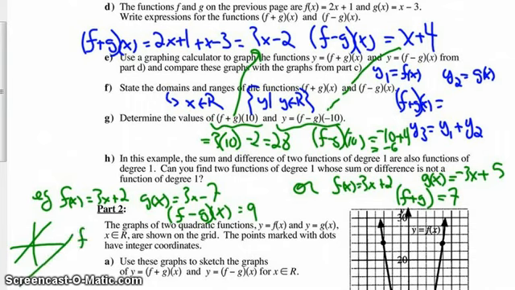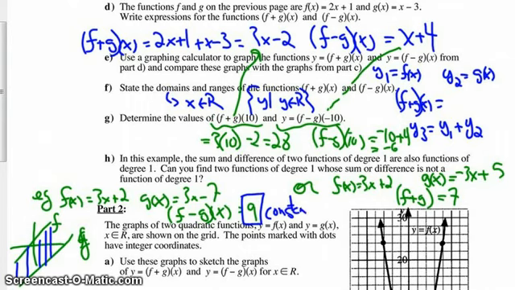So this is G, and this one here is F. If you subtract the two y values, you'll always be 9 apart. So if you go F minus G, the difference between those two functions will always be 9. So the difference function isn't linear, it's actually a constant function.